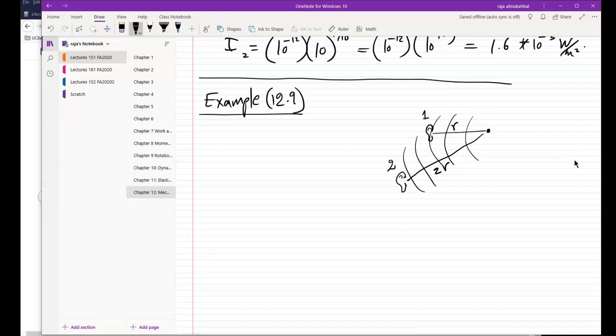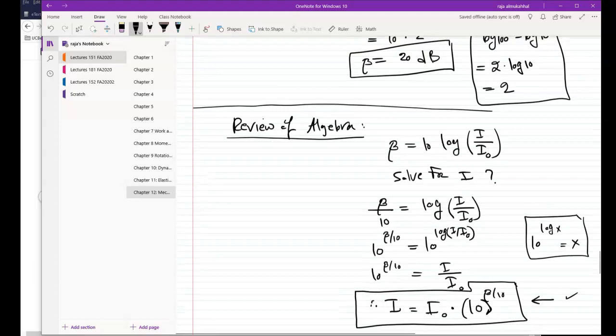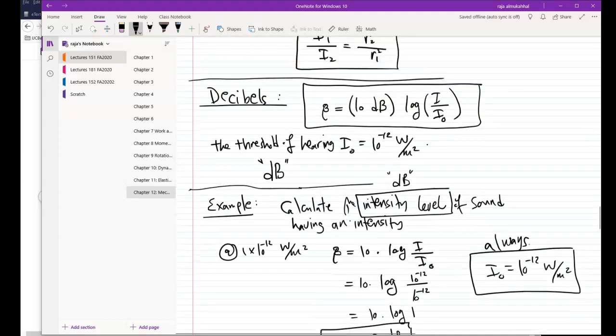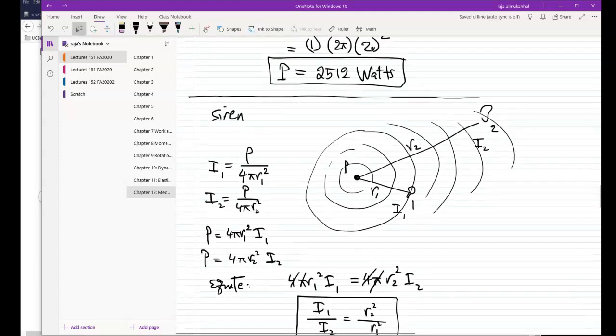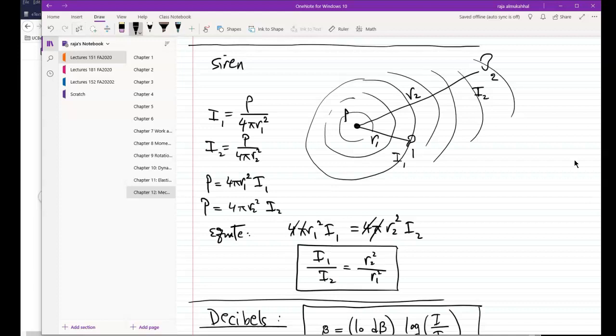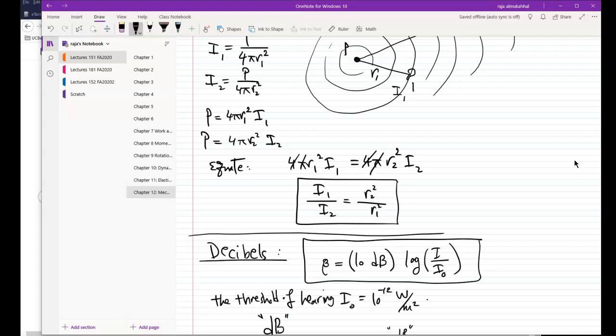Let me go back to the formula that I derived for you earlier, very quickly. Remember this one? I called it the siren. We derived this formula, so I'm going to write it down again.